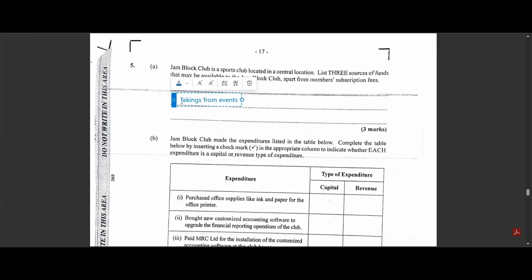Like a little bazaar and so on, where they would earn some sales. And then they may also get loans from members. Right, so these are 3 different ways that these non-profit organizations can in fact get money. Great job, guys, not bad.